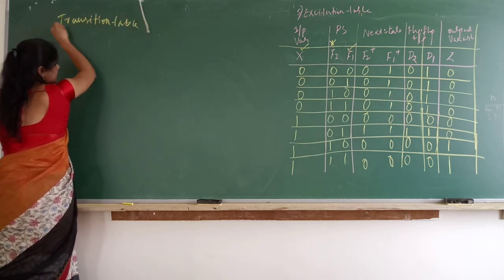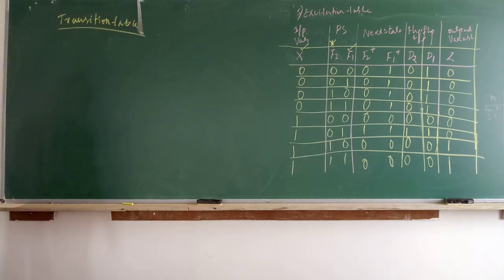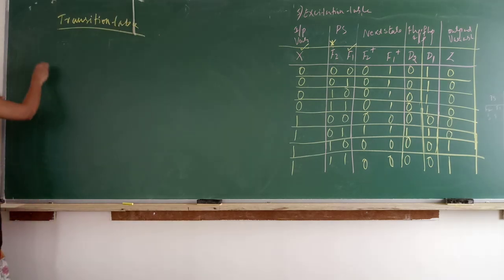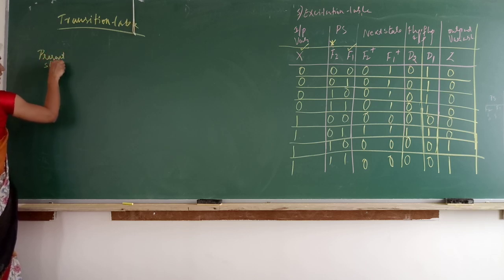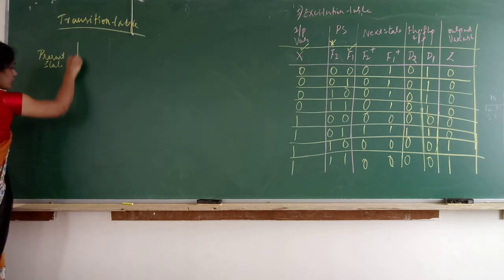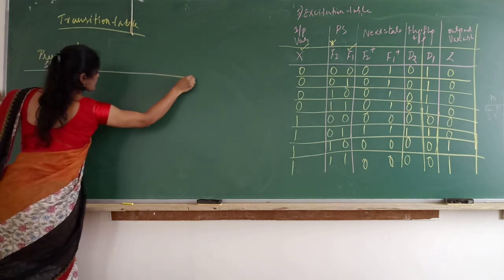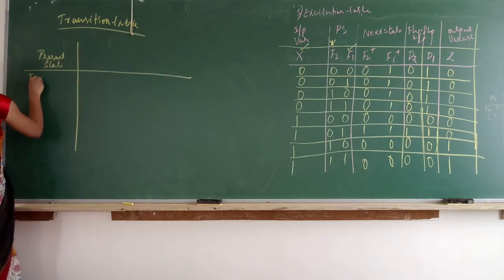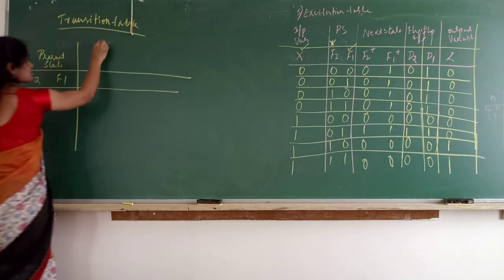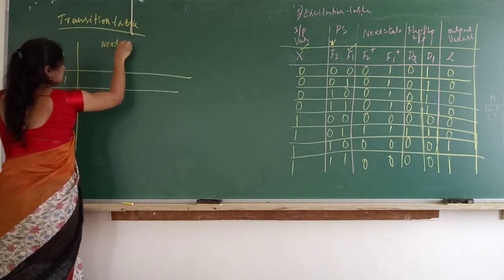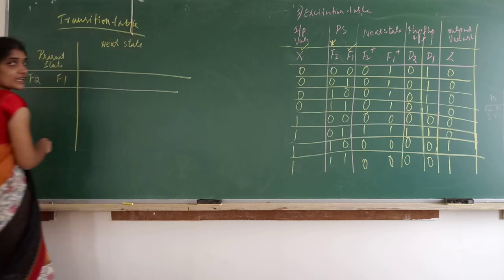So from the excitation table, we have to write the transition table. Look at the columns, what we will have in the transition table. Same present state. So what is the present state? F2, F1. Am I correct? So now, next state.